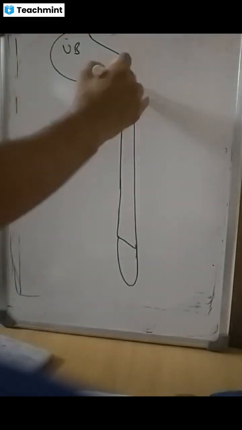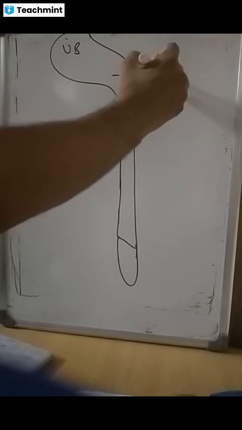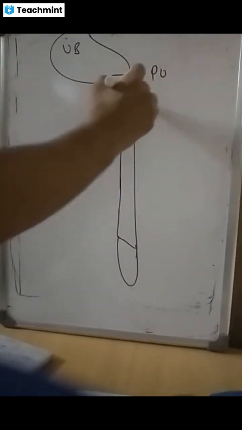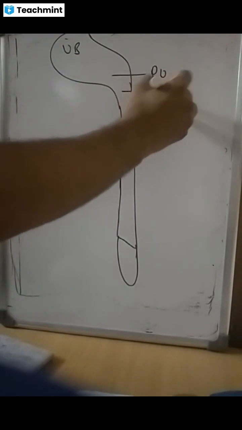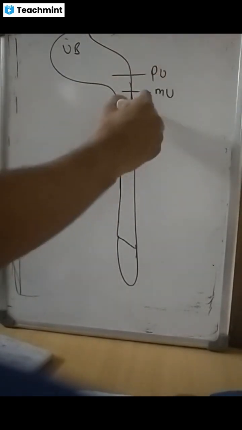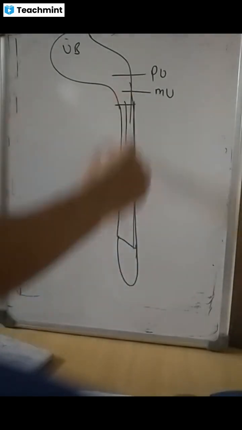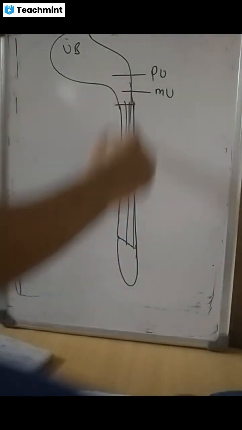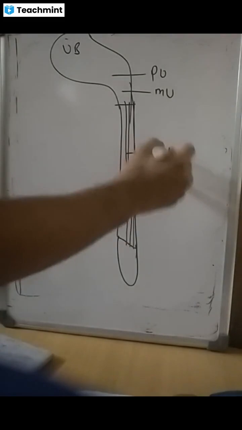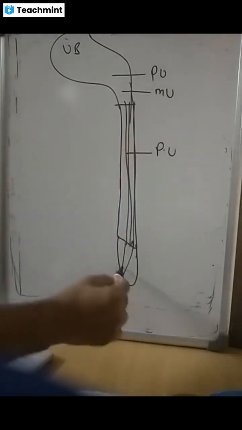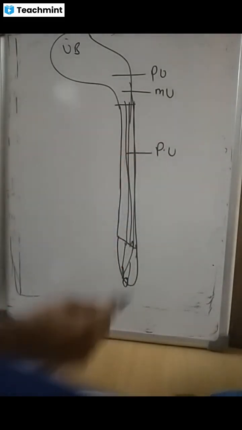This urinary bladder, prostatic urethra, and membrane, and from here to here, this penile urethra, and it is completed by the ectoderm.